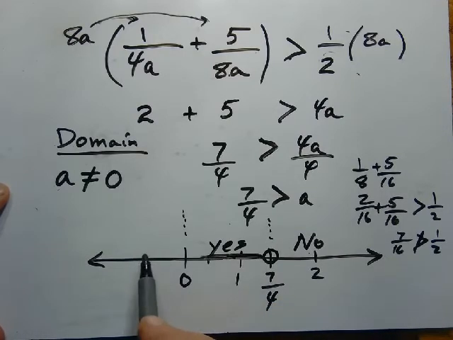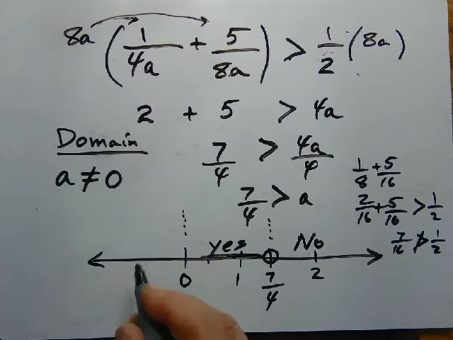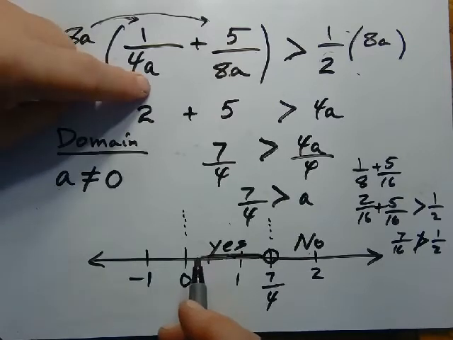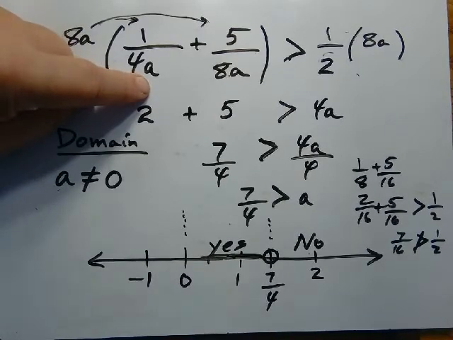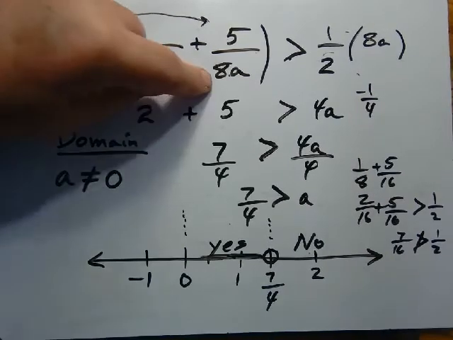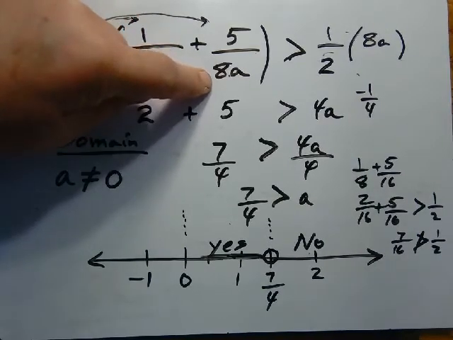The real question now is, what about down here? What if I put a number down here in this third section? It's not just enough to go forever. Let's see what happens. Let's pick a simple number down here, say -1. Okay? -1. Let's put it back in the original. 4 times -1 is -4. 1 over -4 is -1/4. Put a -1 in the other part of it here.